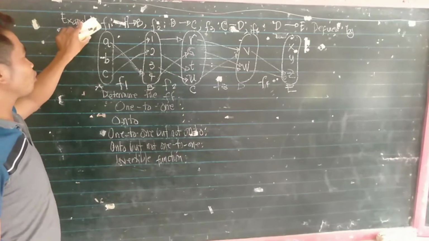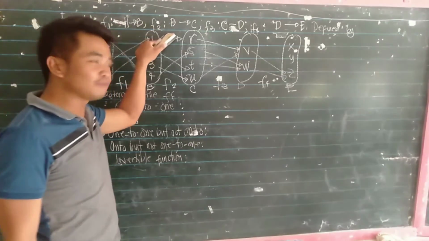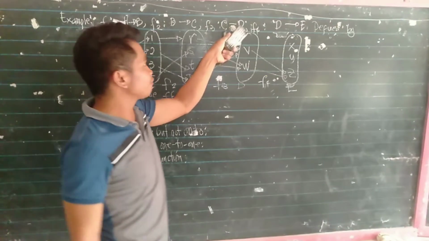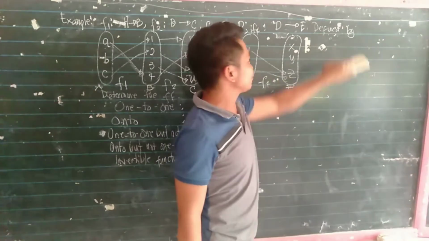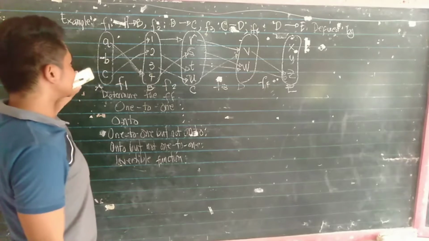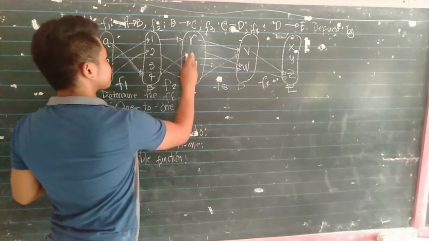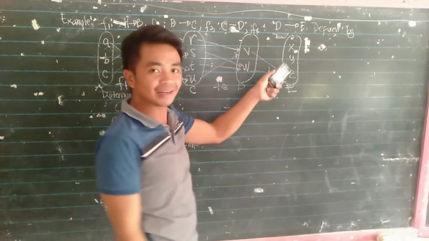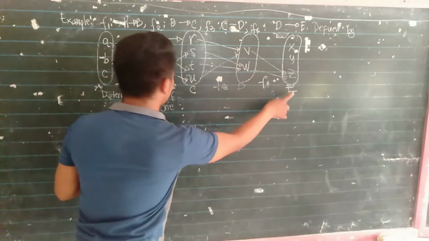Consider f sub 1 from A to B, function sub 2 from B to C, function sub 3 from C to D, and function sub 4 from D to E. It is being defined by this figure. So first we have A, B, C, 1, 2, 3, 4, R, S, T, U, V, W, X, Y, and Z. We have here A, B, C, D, and E.